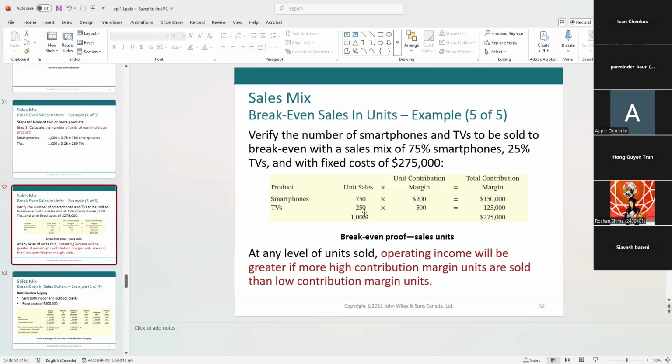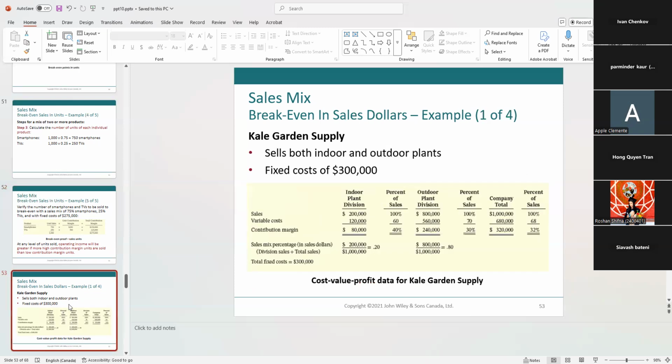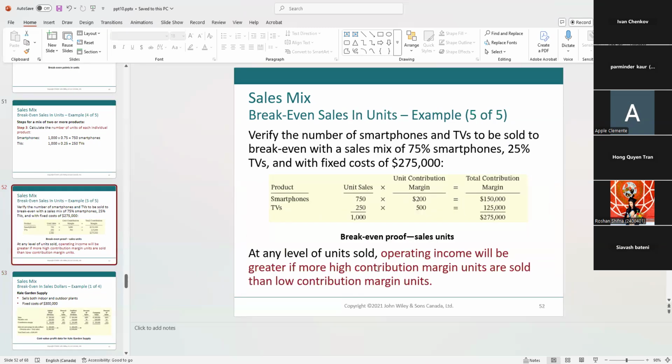And if we sell 250 TVs with $500 contribution margin, that's going to give us 125, total 275, which is equal to the fixed cost. And if we have to show it, operating income will be contribution margin minus fixed costs.